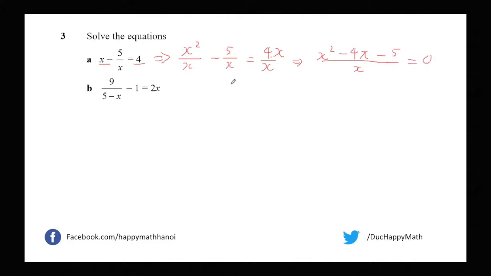A fraction equal to 0 means the numerator has to be equal to 0. Using the formula of the delta, you will get that x1 equal to minus 1 and x2 equal to 5. Do it by yourself and you will figure it out through this solution.